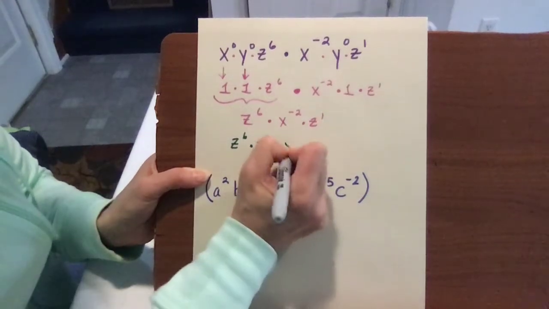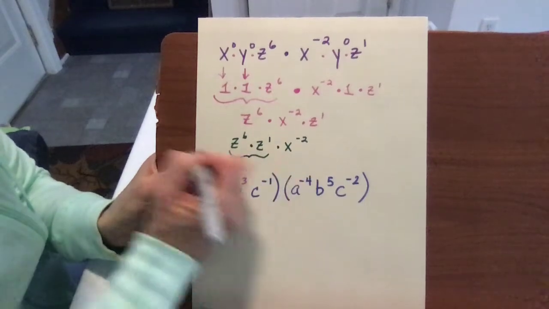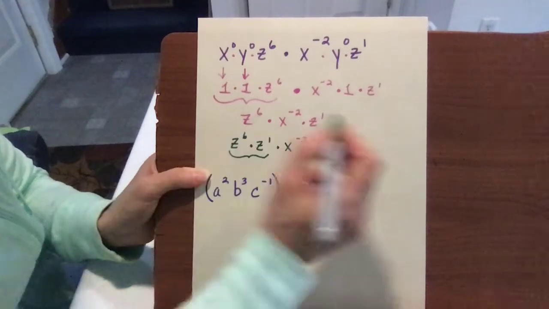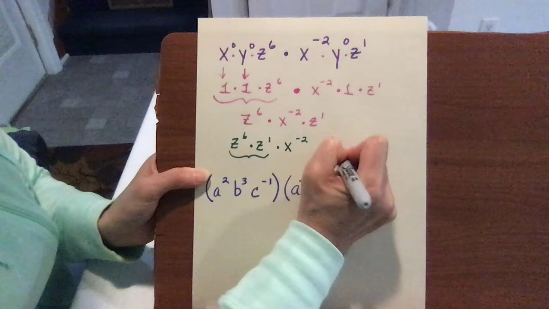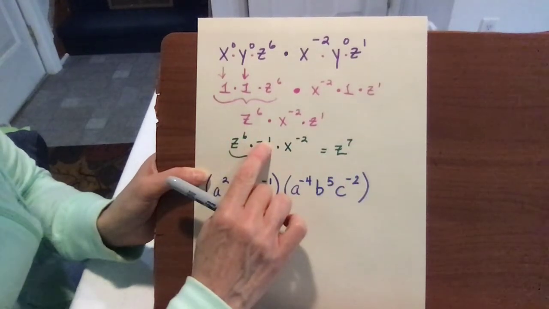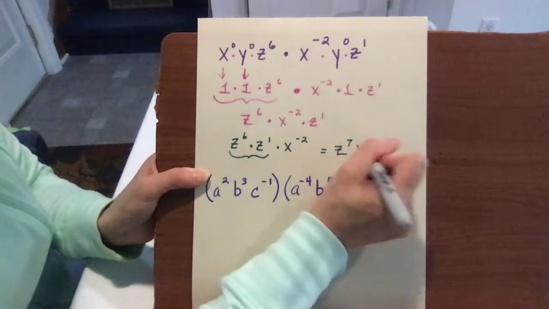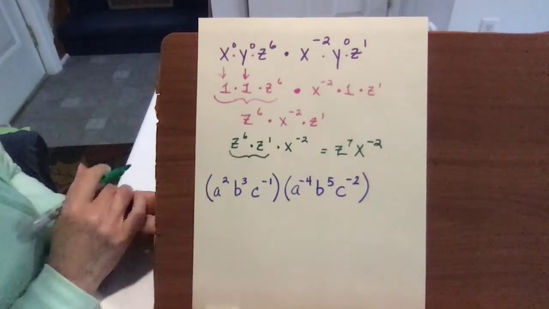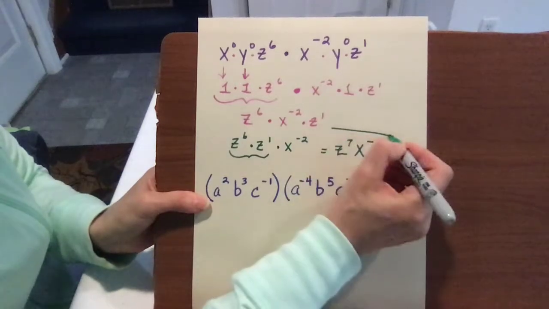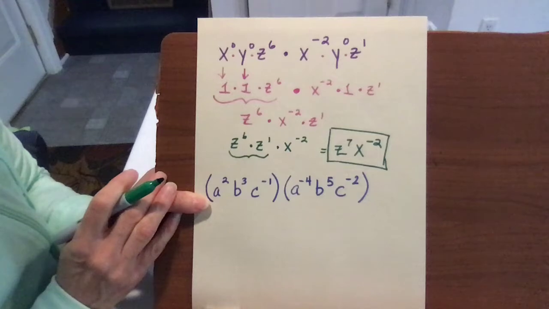And then I'll times it by x to the negative 2nd. Here, z to the 6th times z to the 1st is z to the 7th, because I keep my base and add my exponents. 6 plus 1 gives me 7. And then x to the negative 2nd comes along with it, and your final answer is z to the 7th, x to the negative 2nd.